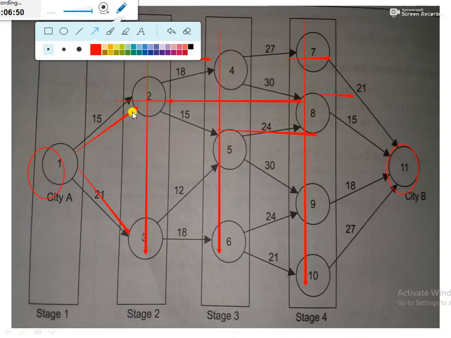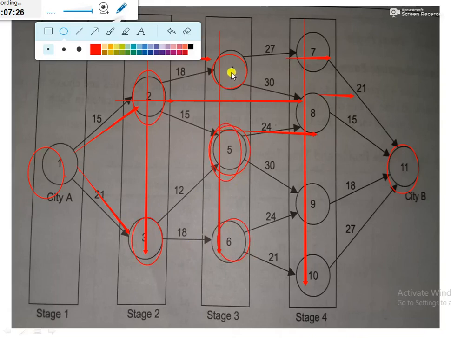Suppose the traveler opts to go to stage 2 or node 2. From there he would have 2 options. He can take any mode of transport and go to point 4, or he can go from point 2 to point 5. Similarly, if the traveler chooses to go to point 3, then from that point he can opt to go to point 5 or to point 6.